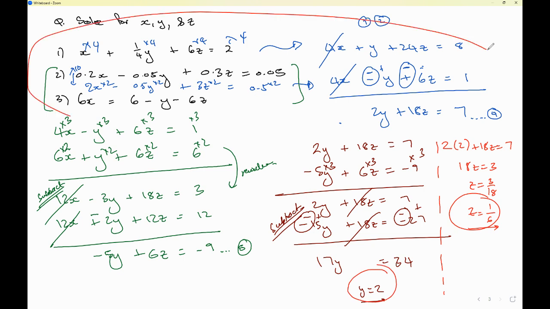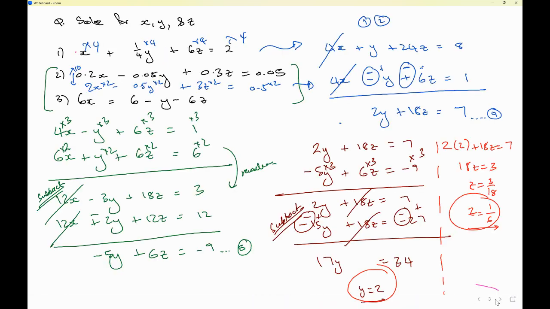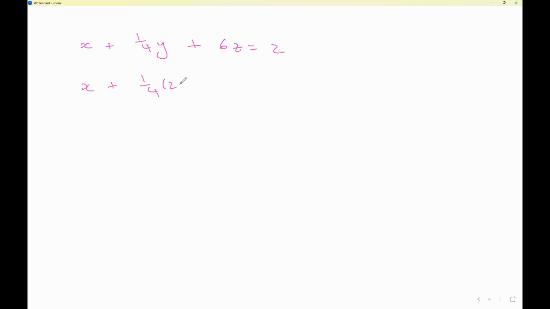I can put them into any one of my first equations to get x. Let's say I choose this first equation over here. So using that, I've got x plus a quarter y plus 6z equals 2. X plus a quarter, now we said y is 2, plus 6 multiplied by z, which is 1 over 6.